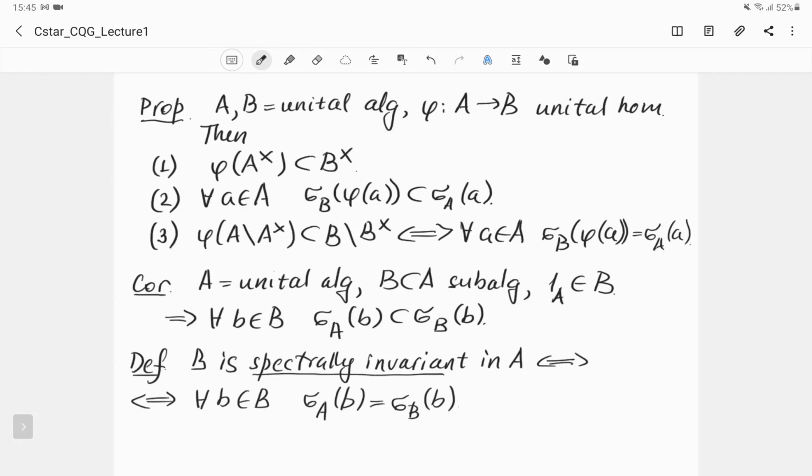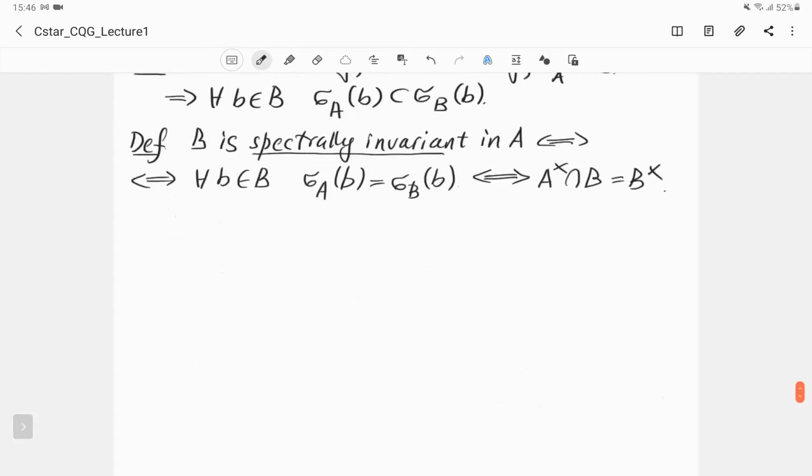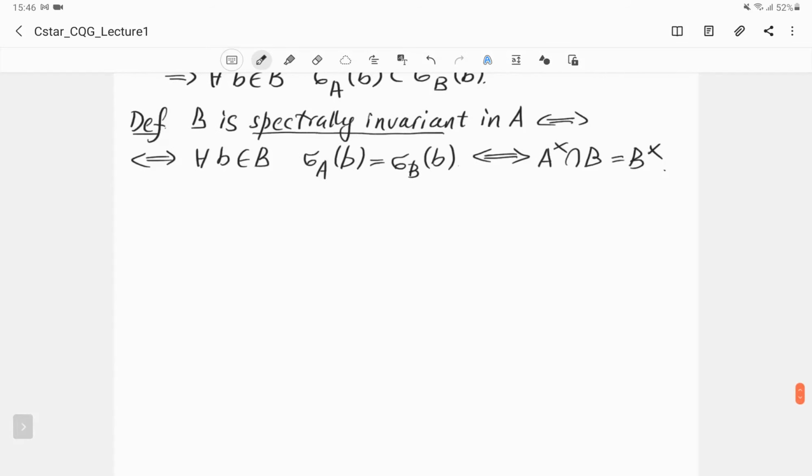And it follows from our previous proposition that this is equivalent to the following equality. Which means that each element of B, which is invertible in A, is actually invertible in B. Here are some examples of spectrally invariant subalgebras.